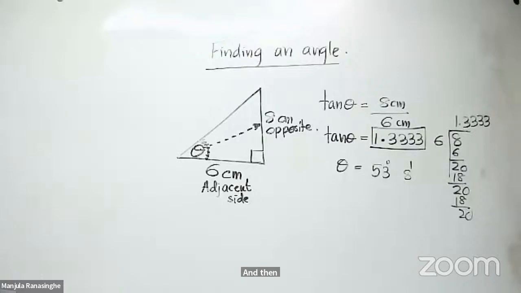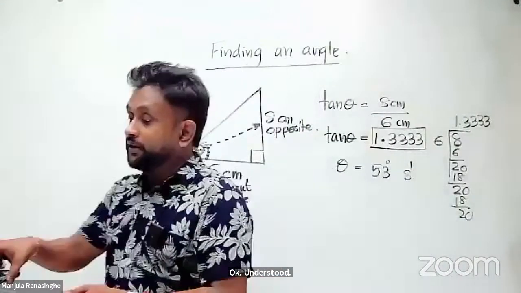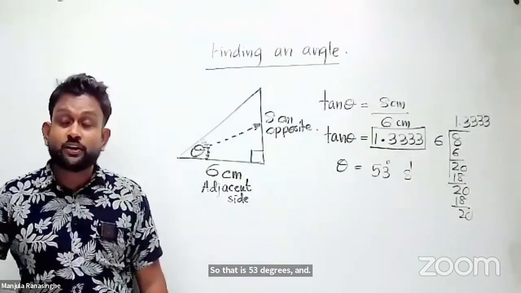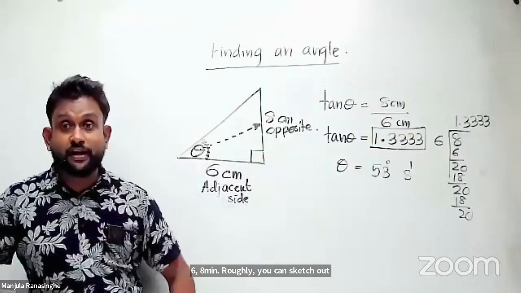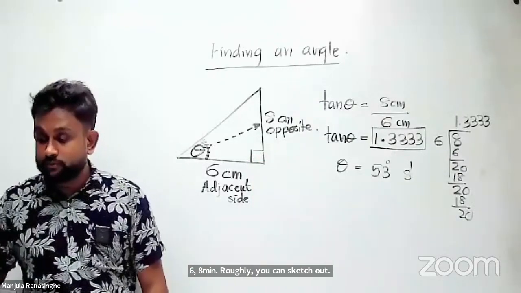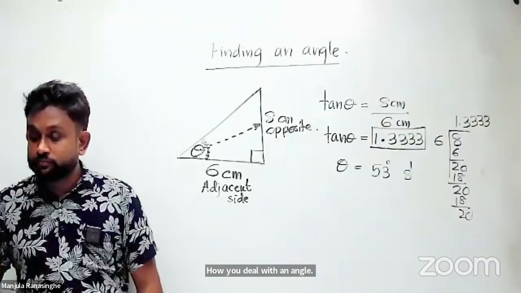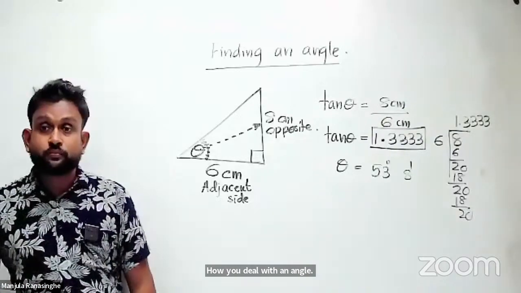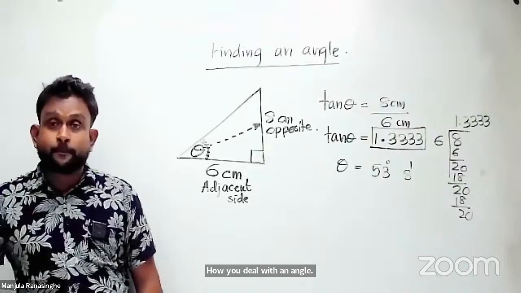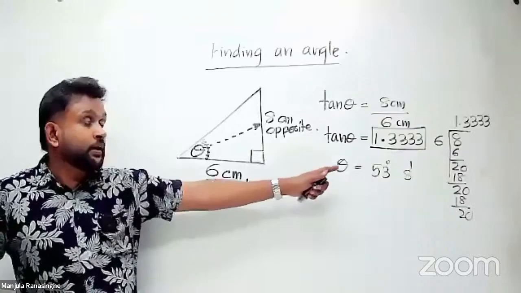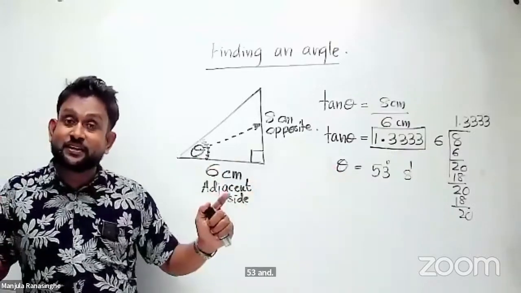Okay, understood? So that is the answer, 53 degrees and 8 minutes roughly. Okay, you can sketch out how you deal with an angle. 53 and 8 minutes. Understand the concept.